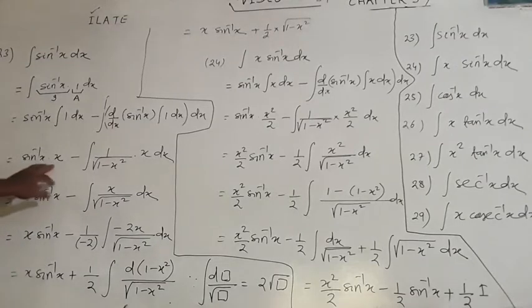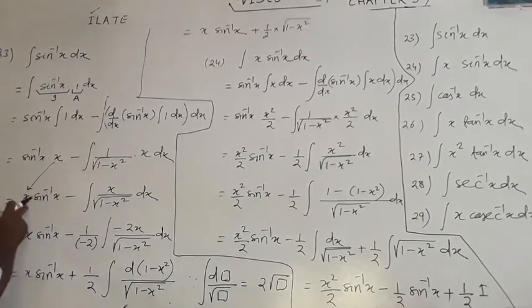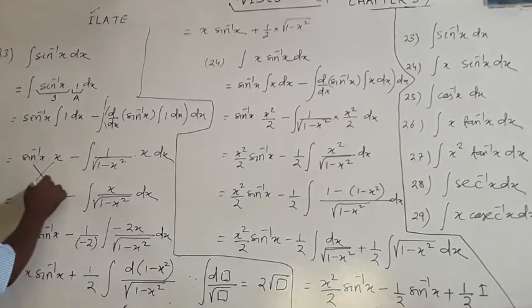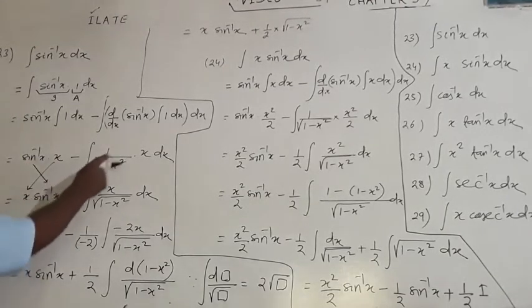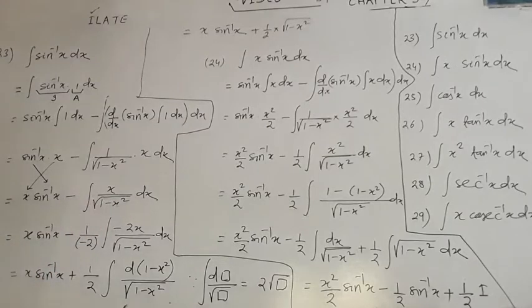Why am I telling you to keep it in first position? Mind it. When I am checking the papers, many students write it like this: sine inverse x square. Okay, it's a very wrong thing. You have to take this one: x sine inverse x minus x by root of 1 minus x square.